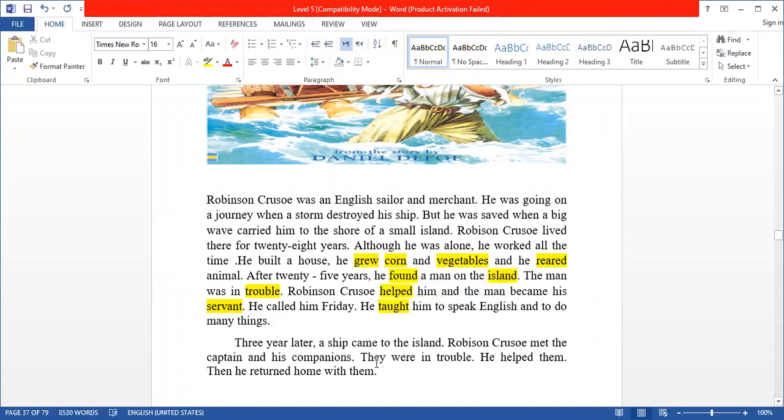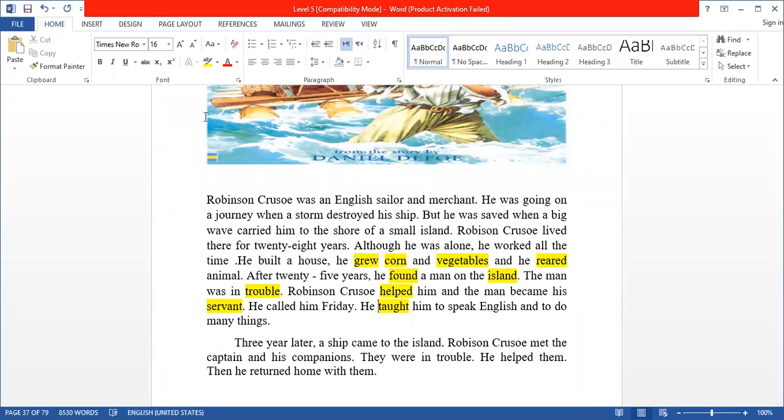3 years later, وبعد 3 سنوات, 3 years later, a ship came to the island. Ship, as we said here, we use it to carry people and goods from one place to another by sea. سفينة.